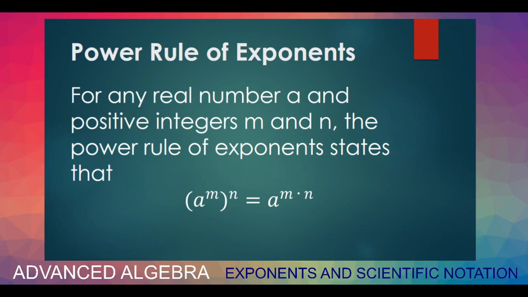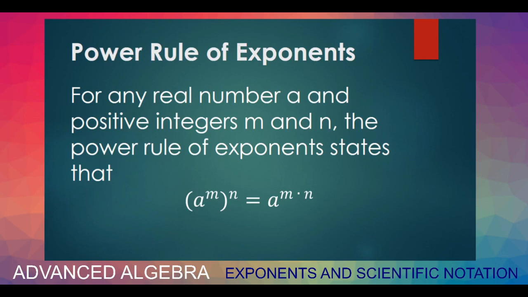Kasi wala tayong pinagmu-multiply na dalawang or more na base, kaya yung exponent natin hindi pinag-plus. Pag ganyan ang exponent natin, meron tayong exponent sa labas, may exponent tayo sa loob. Yung gagawin mo diyan, i-multiply mo lang yung exponent niya.